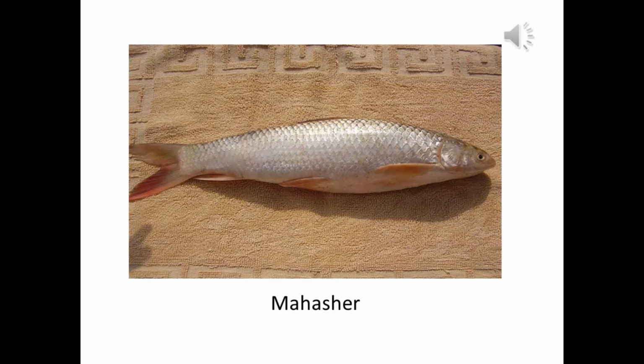It is threatened by habitat loss, habitat degradation, and overfishing, and it is estimated that it has already declined by more than 50%. The fish mahashir is the national fish of Pakistan.